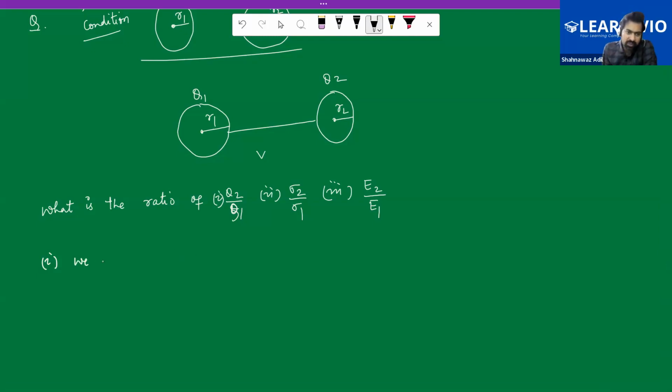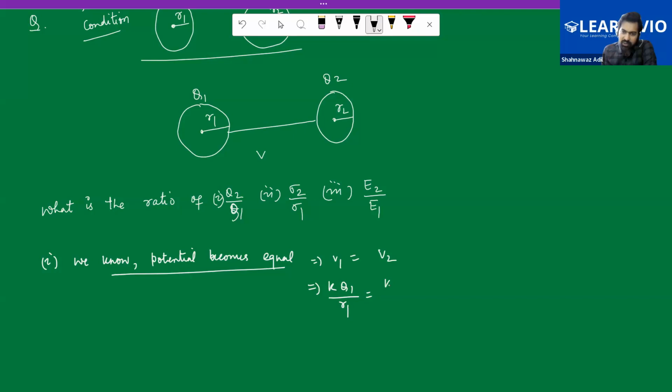So we know that potential becomes equal. So what will happen? We know that V1 equals V2. V1 is simply KQ1 by R1, and this is KQ2 by R2.